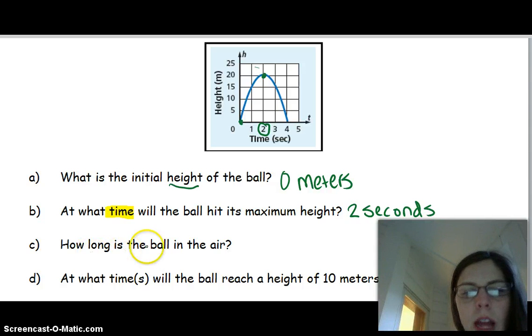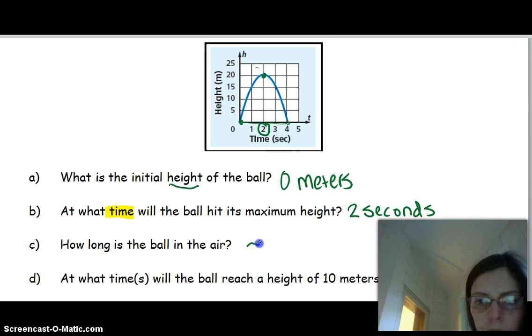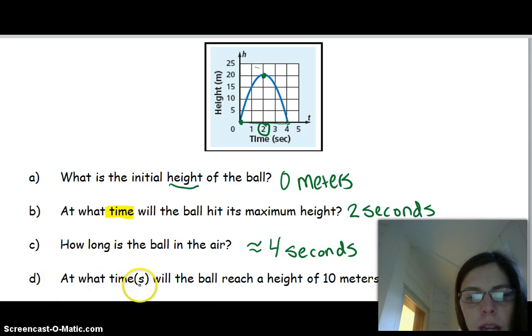Part C says, how long is the ball in the air? From here to here, it's in the air about 4 seconds. That's why I put those squiggly lines there to indicate about. And then, at what times will the ball reach a height of 10 meters? That's when I'm going to grab my gray, and I'm at 10 meters.